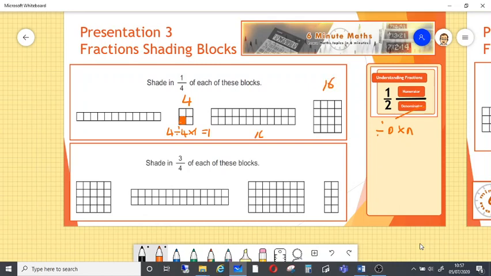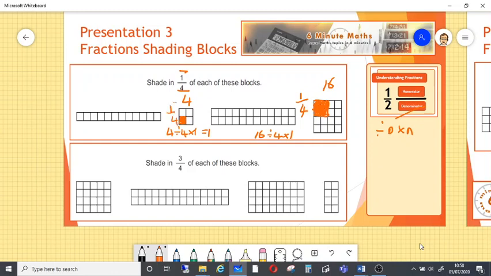So 16 divided by 4, which is the denominator, times by the numerator, which is the top number. 16 divided by 4 is 4, times by 1 means we would need to shade in 4 of those 16 squares. 4 of those 16 is 1/4. And we can actually see that visually, can't we? That's a quarter of it shaded, and that's a quarter of it shaded here.